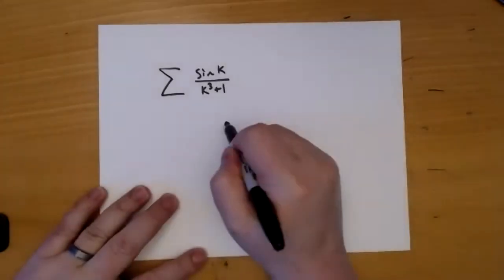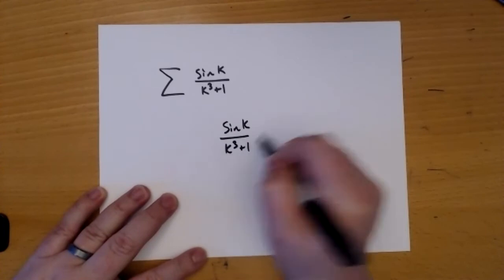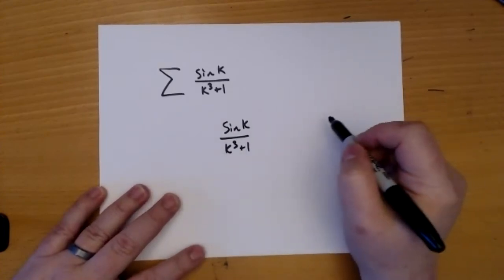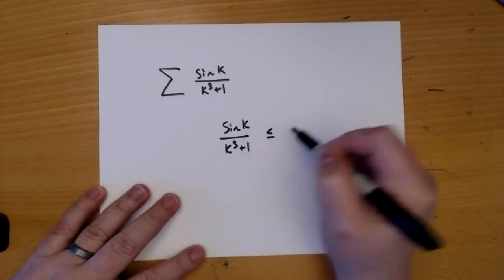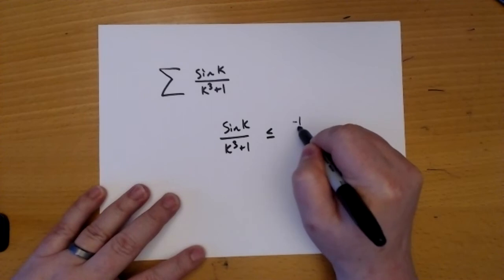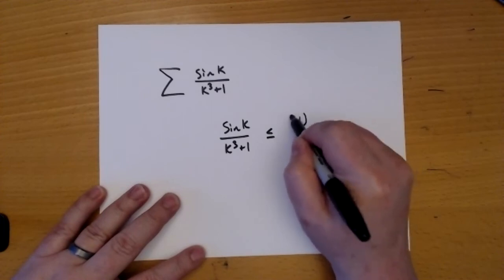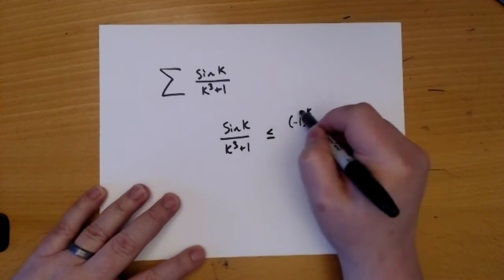So what you can say is that the sine of k all over k cubed plus 1 is always going to be less than or equal to... or we can say that, oh, wait, I don't even need that.